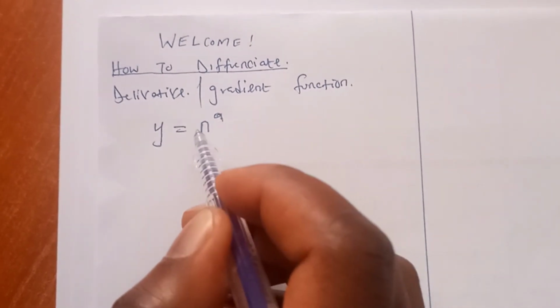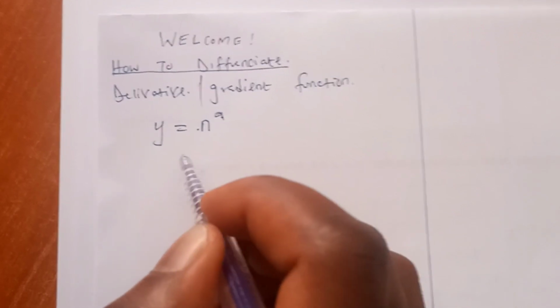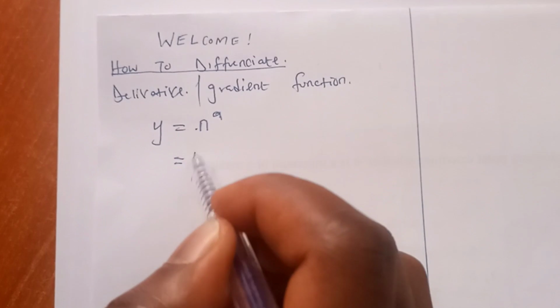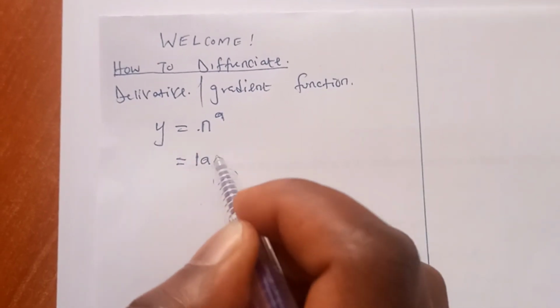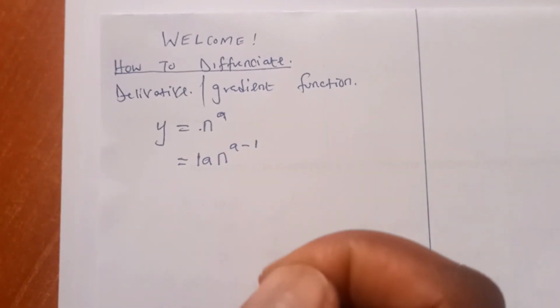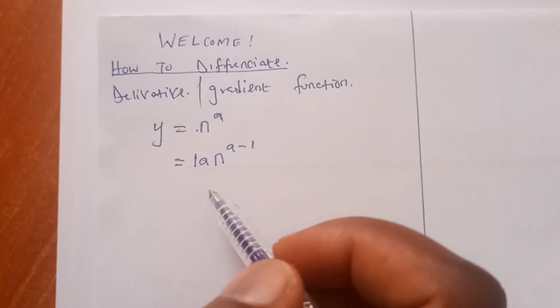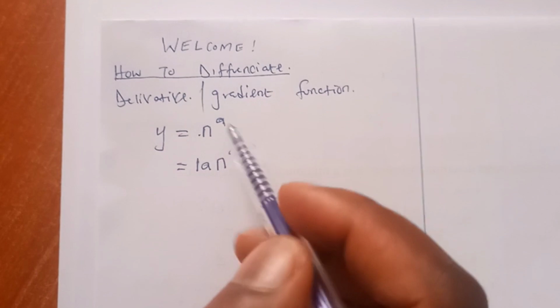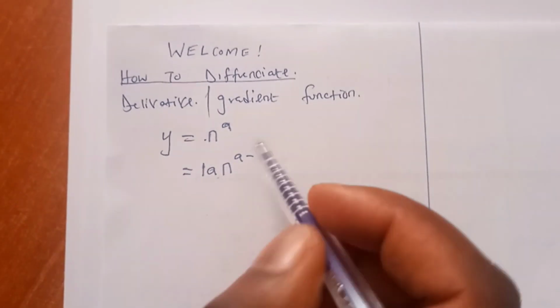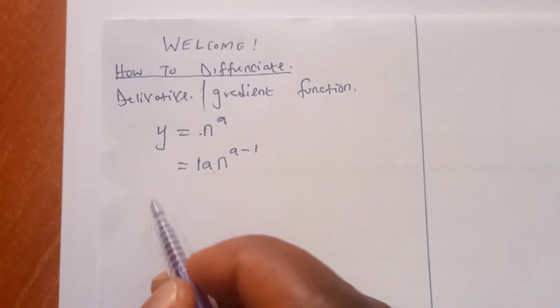So that we have 1 times n, then x to power n minus 1. So we subtract the power by 1. And that's now the differential function or the derivative, the gradient function.